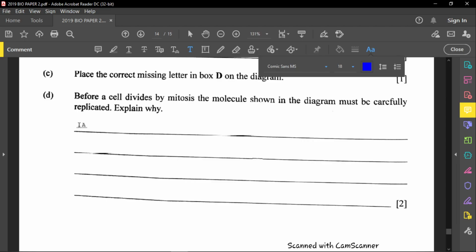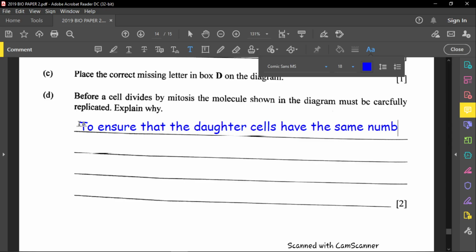The primary reason here is to ensure that the daughter cells have the same number of chromosomes or DNA.